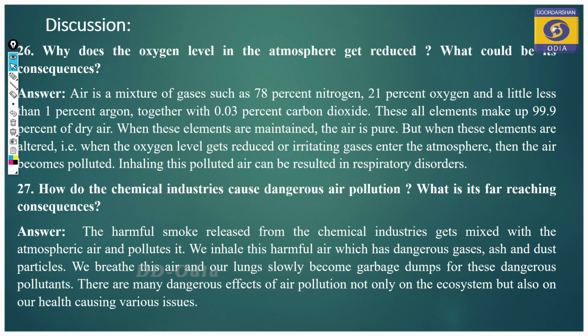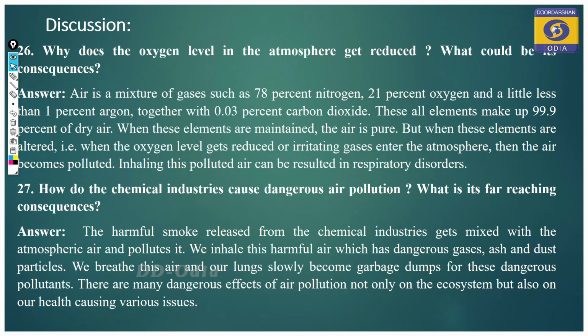And how does the oxygen level in the atmosphere get reduced? What are its consequences? Children, we studied that air is a mixture of gases. What is that mixture? 78% nitrogen, 21% oxygen, argon, 0.03% carbon dioxide, and they make up 99% of dry air. When these elements are maintained in their proper concentration, the air is pure.